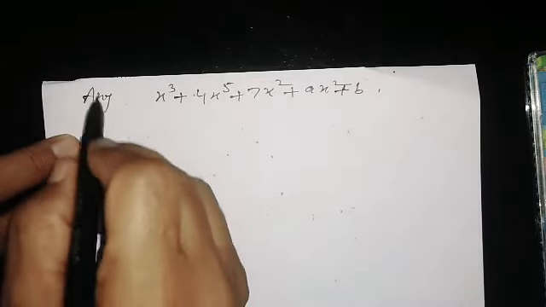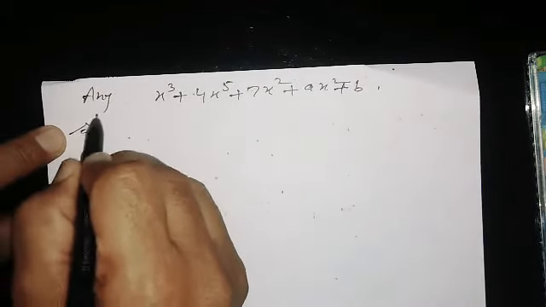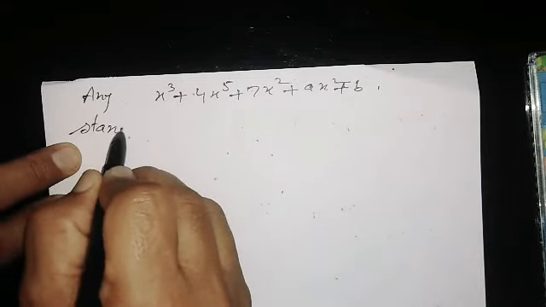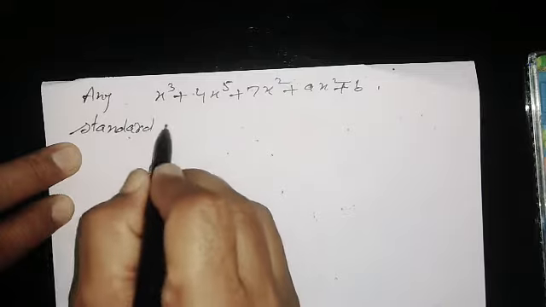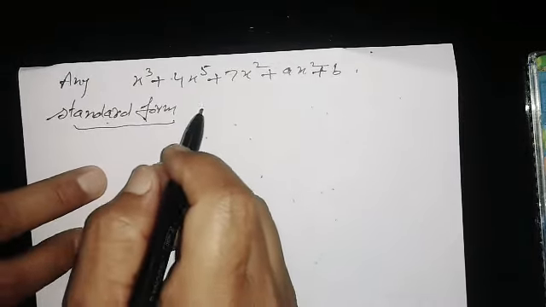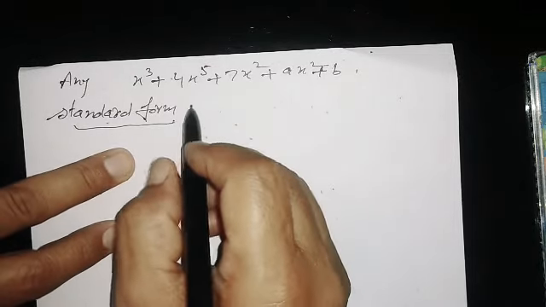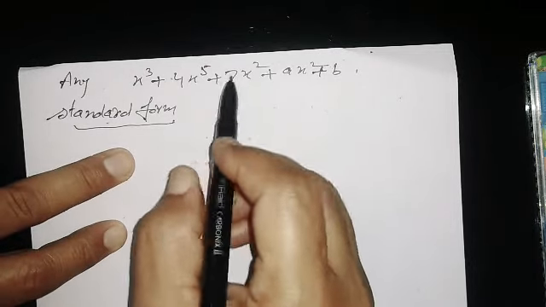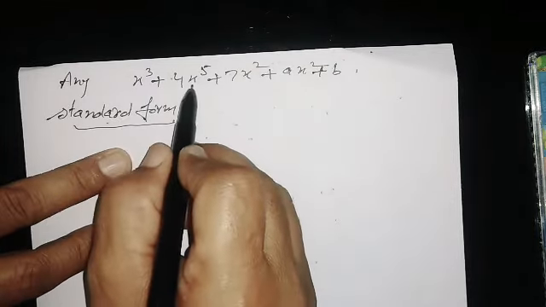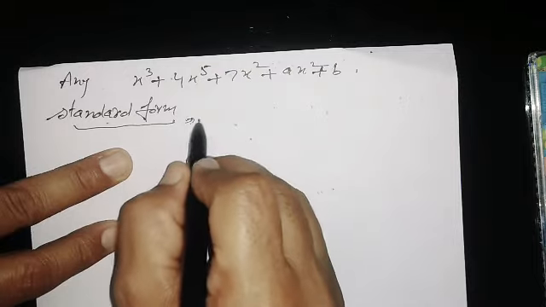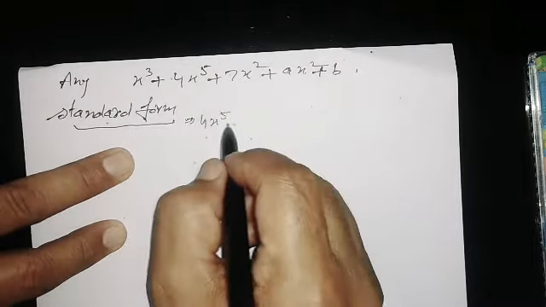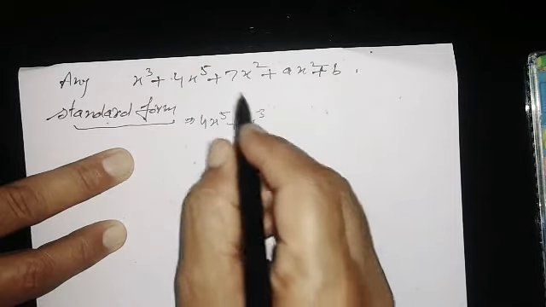Okay, but we must write any expression in its standard form. What is standard form? That write first the maximum power. What is maximum power of this term in this expression? That is 4x^5. Next less x cube. Then x square.